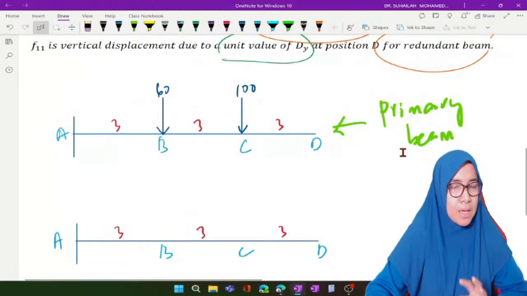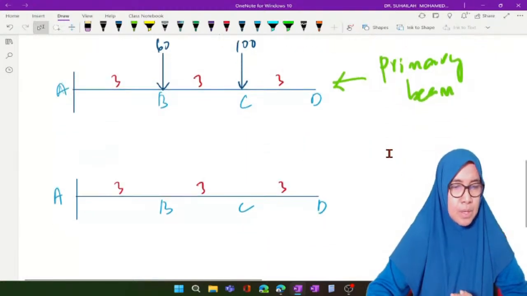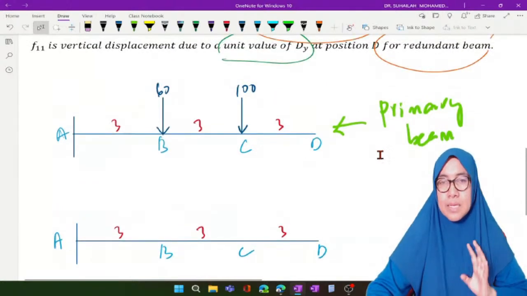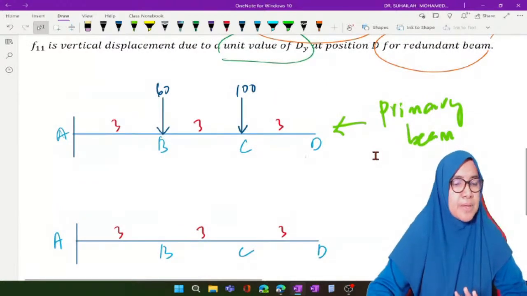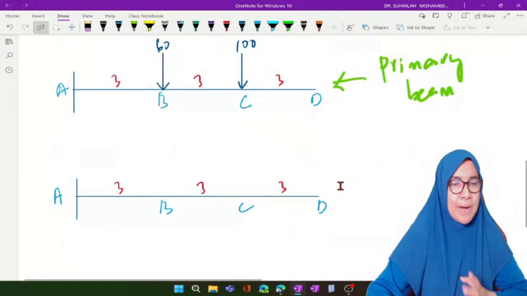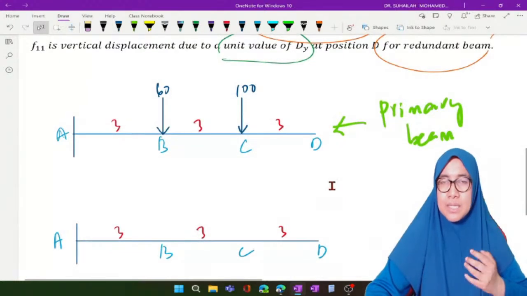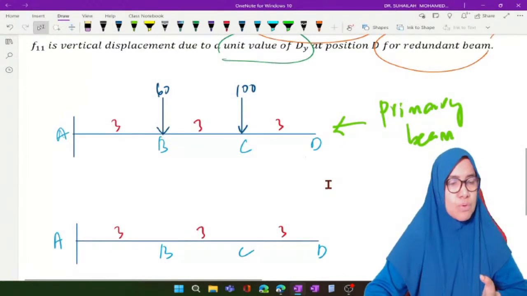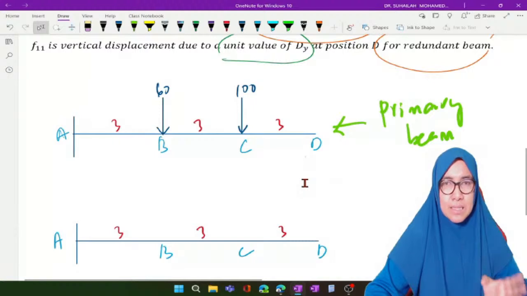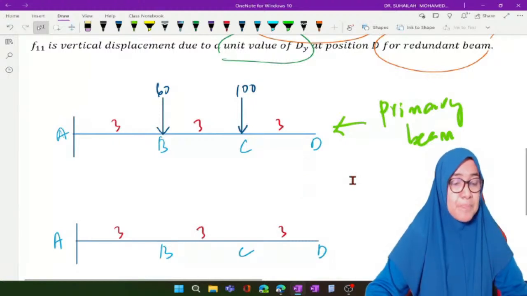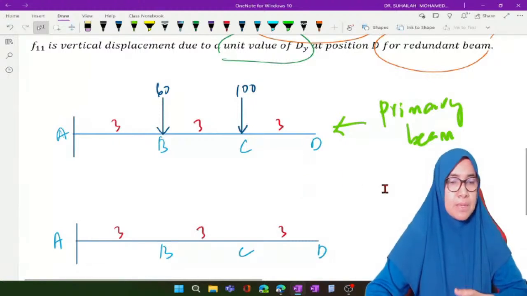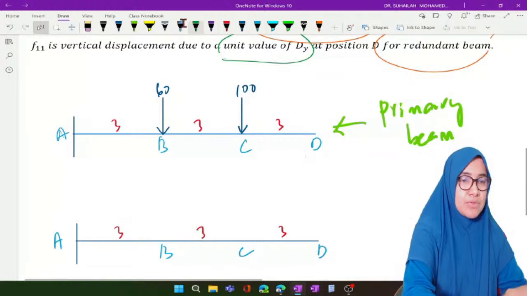Both are cantilever beams. Both have the same cutting section. So the primary beam is a determinate beam subjected to all external loading. And this one is the redundant beam.